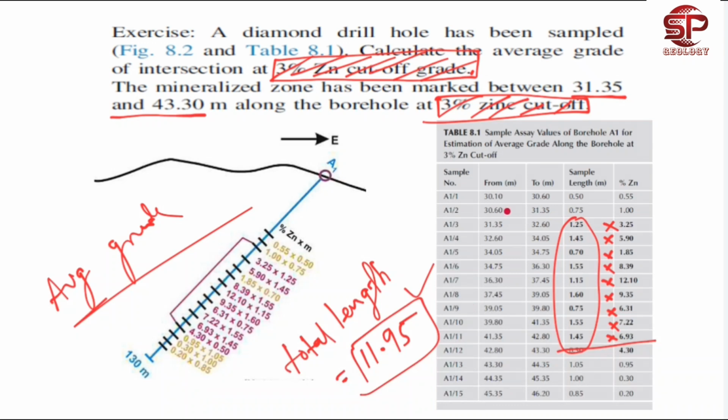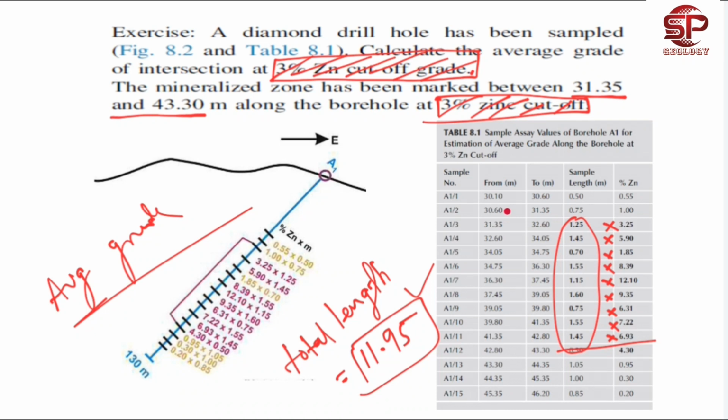You did not have to do anything else, just the calculation, and even in that you made a mistake. Sir, by mistake I have taken that 0.75 also. Sir, it is written in the mark between 31.35 and 43.30. So we will not add that one.